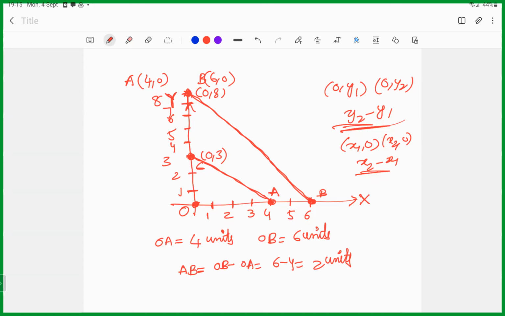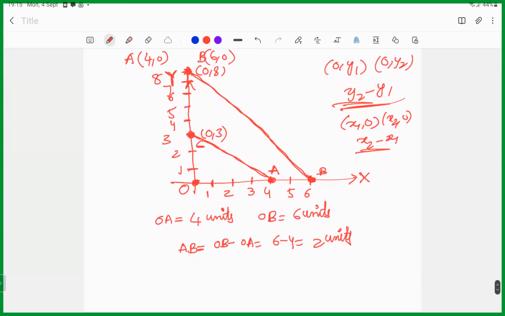So let's say we need to find out the distance of A from C. Right? OA is how much? OA is 4 units.